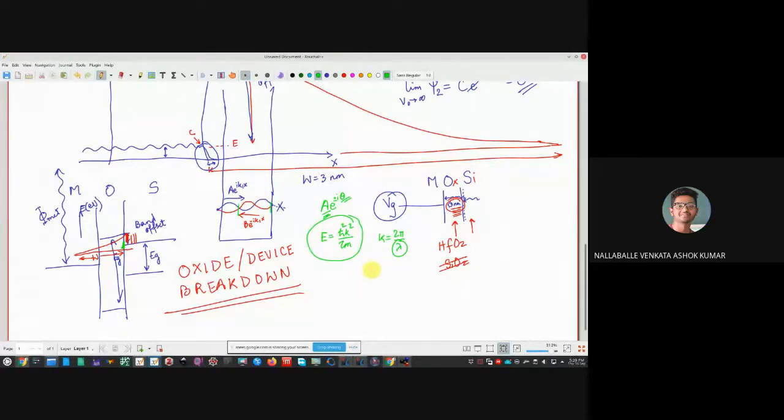See, in quantum mechanics, I'll tell you later on. You will understand if there is a barrier like this. Some particle is going over here. It will arrive on the other end of the barrier. Remember, quantum mechanics deals with only this aspect.